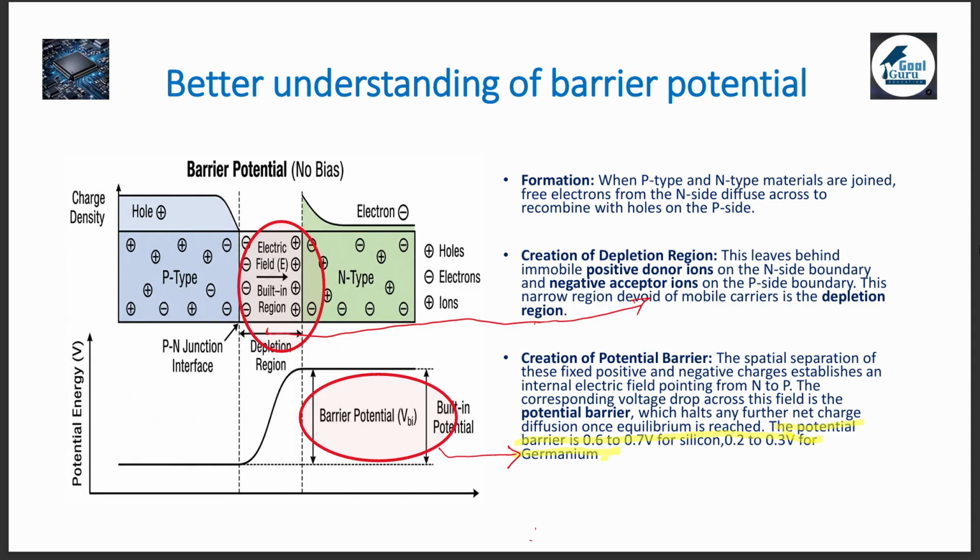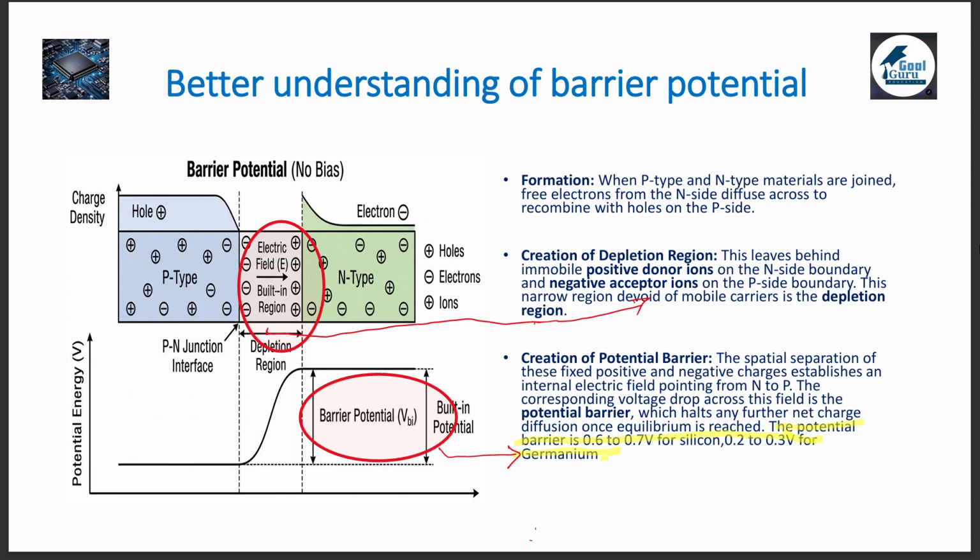Therefore, in the creation of the potential barrier, the separation of the fixed positive and negative charges establishes an electric field, and the corresponding voltage drop across this field is called the barrier potential, and this halts any further net charge flow, and equilibrium is reached.